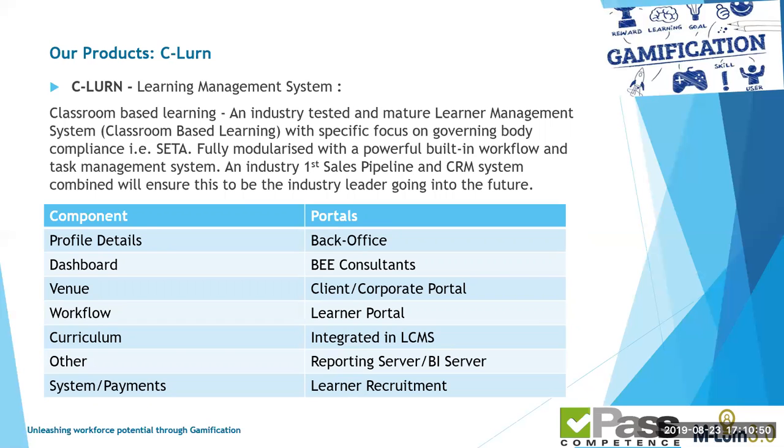It's seamlessly integrated into our LCMS system. We also have a reporting server and BI server, depending on your needs, fully integrated into this. And we also allow for learner recruitment to be done through the C-Learn product as well.